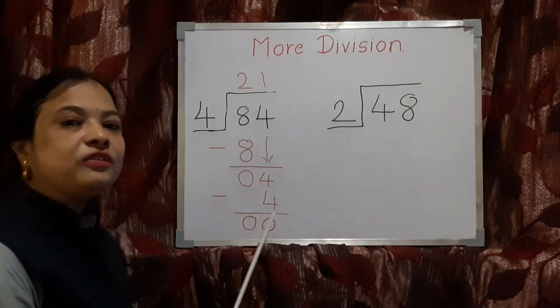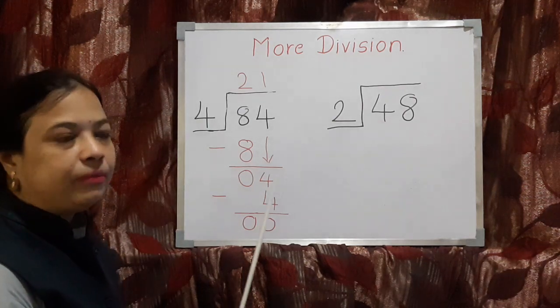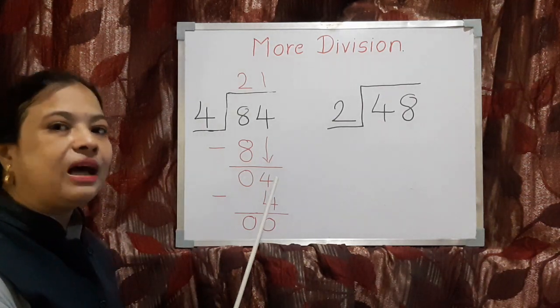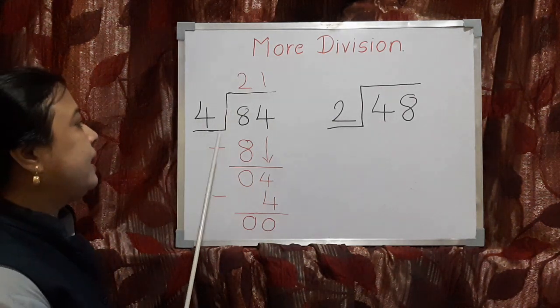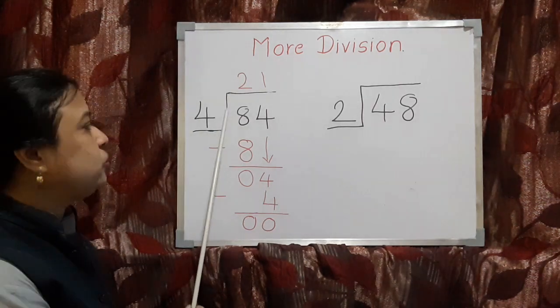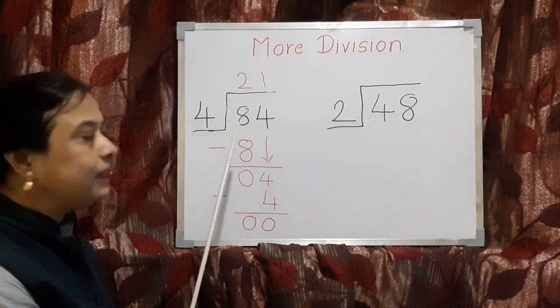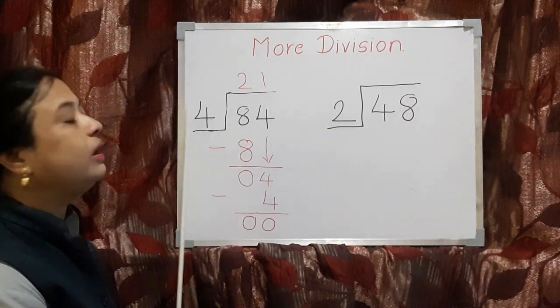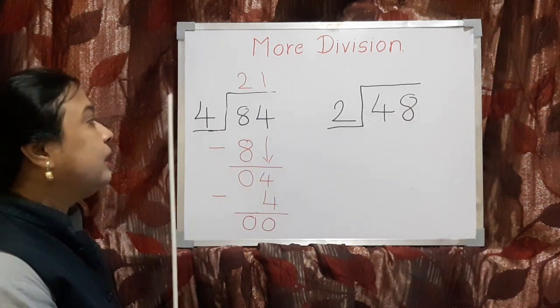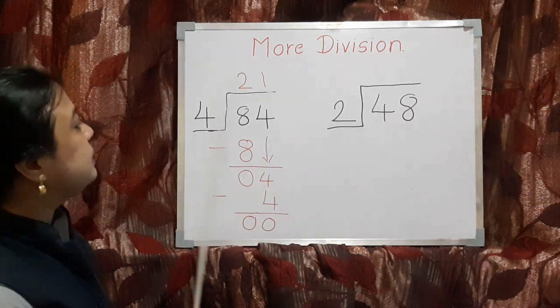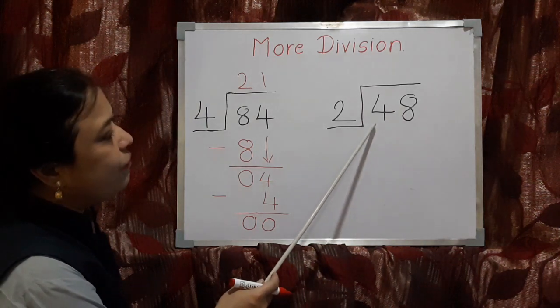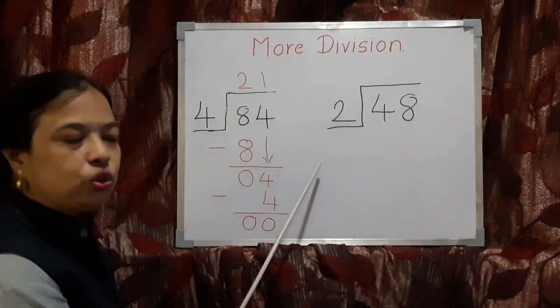So in this type of sum, the thing you have to remember is that this sum will come in 2 steps, and the first step is to see the first number. If it is big, then we will take only one number. If it is small, then we are going to take 2 numbers. Come on, now see here 48 divided by 2.